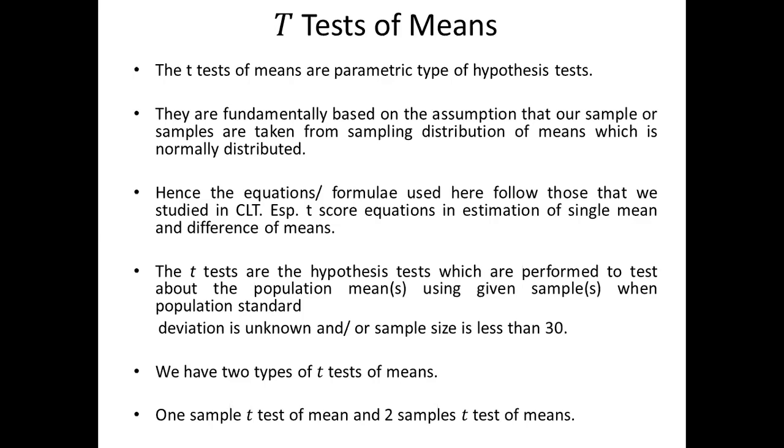Now let me give you an overview of the scenario. In the t-test of means, we would be provided either a single sample from the population or multiple samples from the populations, and we would be required to test something about the population mean.